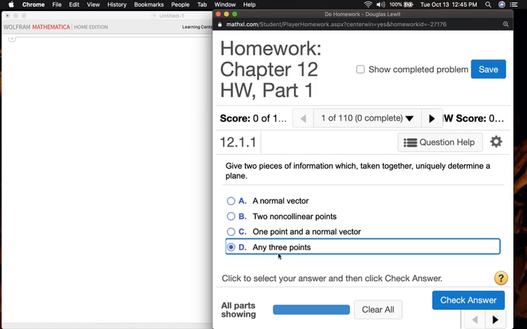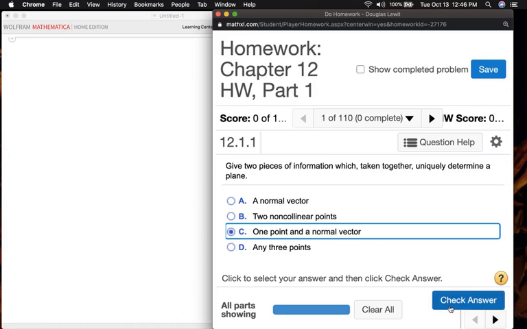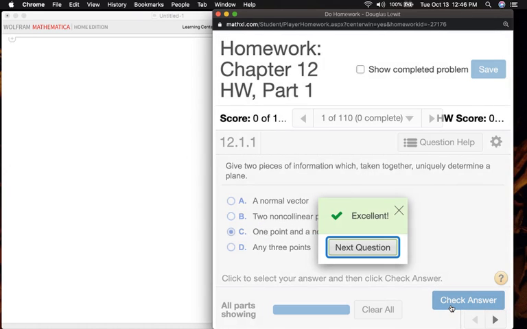So D would be correct if I modified this statement to any 3 points that are non-collinear, or not collinear. So the answer should really be C. For this particular question, the answer is C, 1 point and a normal vector. And that is correct. Next question.